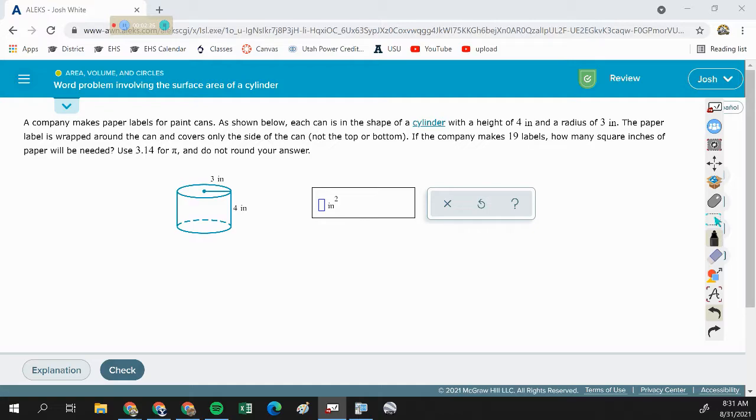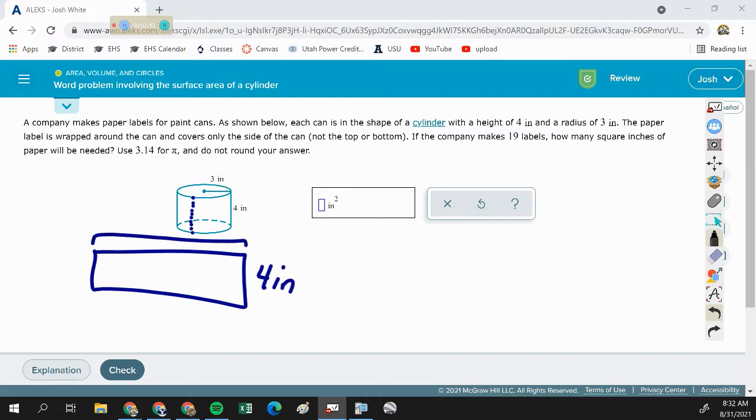So if I were to cut the label and fold it out, it's going to look like this. What will its dimensions be? The height will be 4 inches, and then this distance here is going to be this distance here, which is the circumference.